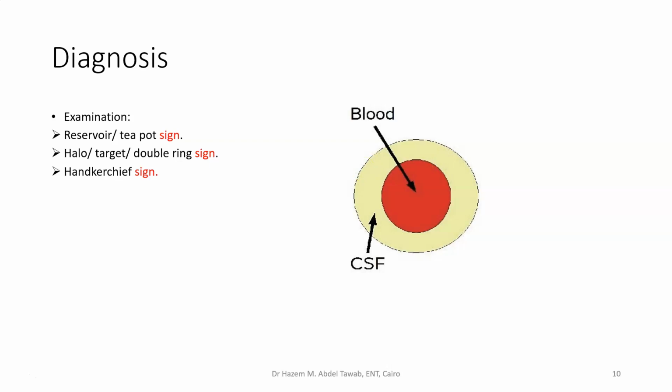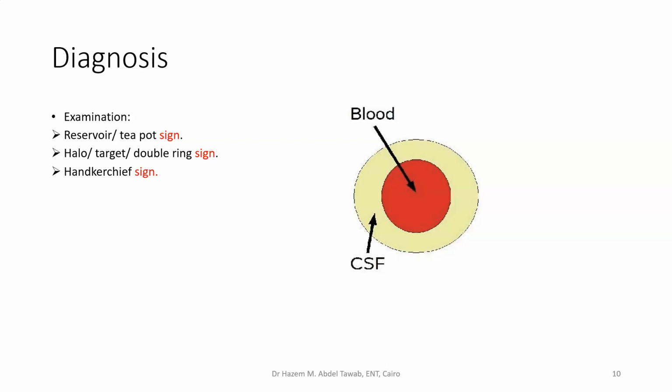Handkerchief sign. Most of us know that from our junior life in residency. Because we know that if we use the tissue or the handkerchief to wipe my nose, because of the mucoid secretions and the mucin in my nose, the handkerchief will be stiff.